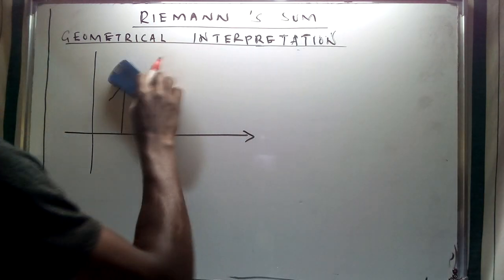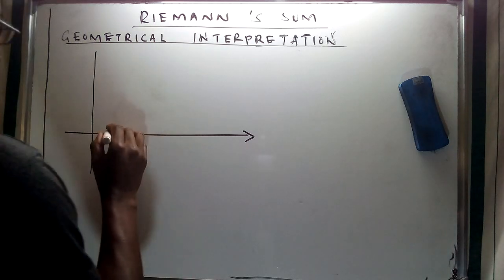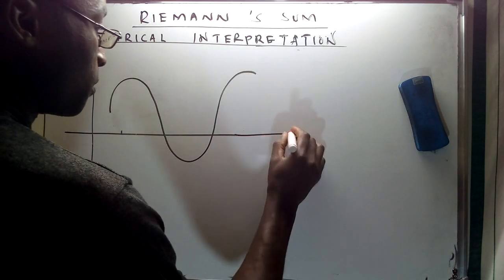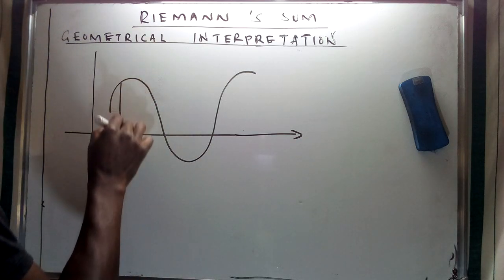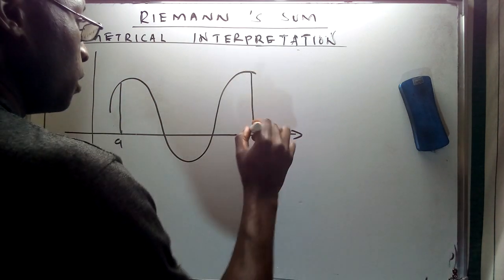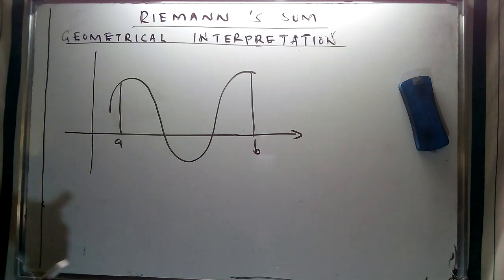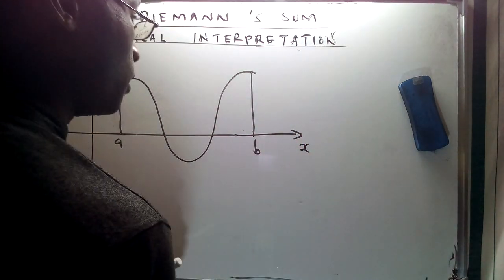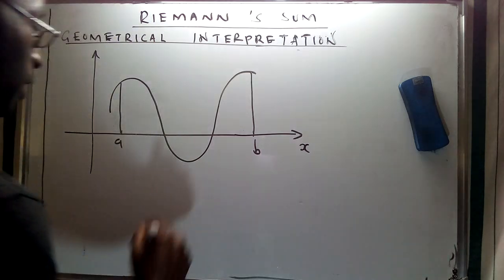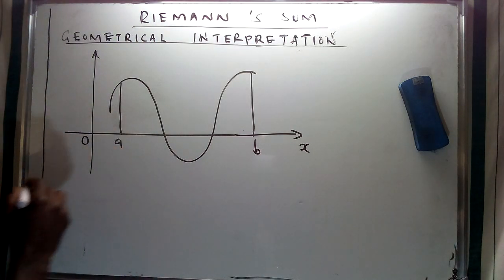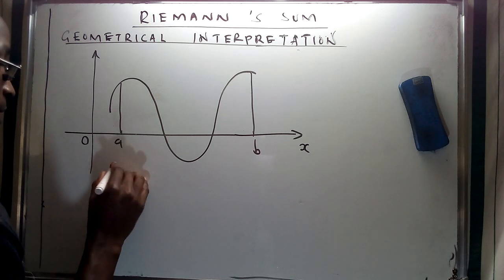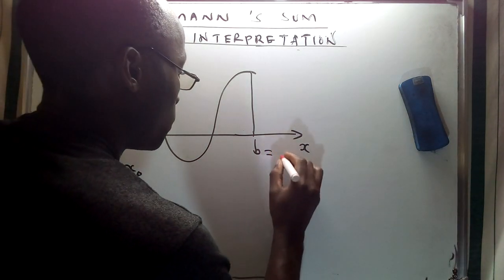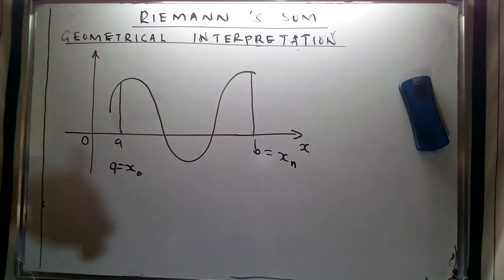I'm going to create these closed intervals between A and B, giving the values of x from x1 to xn. The first value is x0, starting from this point, and b is equivalent to xn.